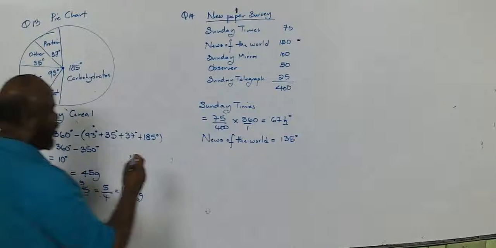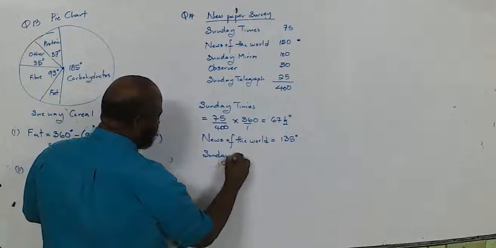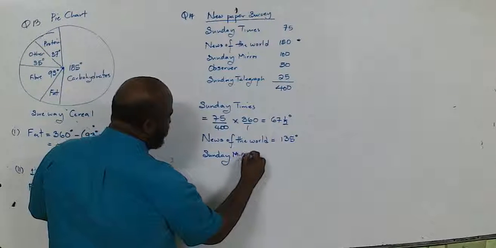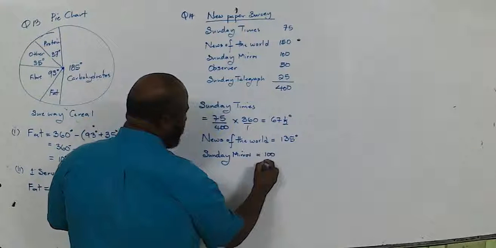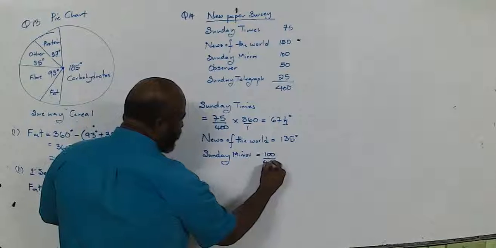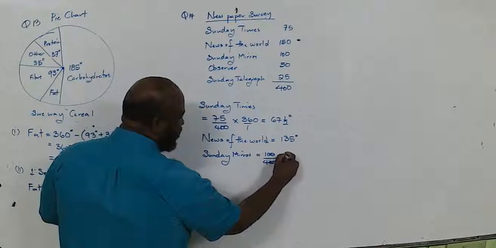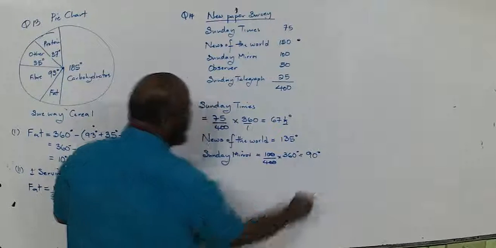The Sunday Mirror. They are what? 100 out of 400. Which is a quarter, can you see? Of 360. So this is what? 90 degrees.